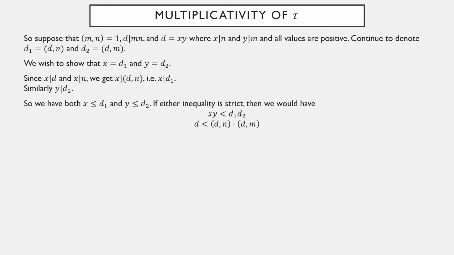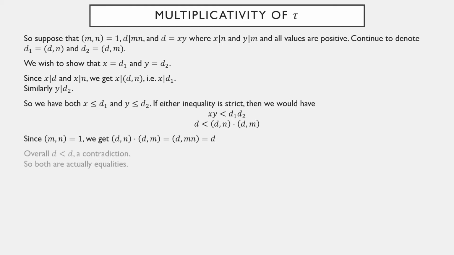We already have established that x times y is equal to d. d1 was the GCD of d and n, d2 was the GCD of d and m, and we've already established that that product is d. Therefore, we would have that d is smaller than d, which is definitely false. And this was on the assumption that one of these was actually a strict inequality. So neither of them can be, which means they're both actually equalities.